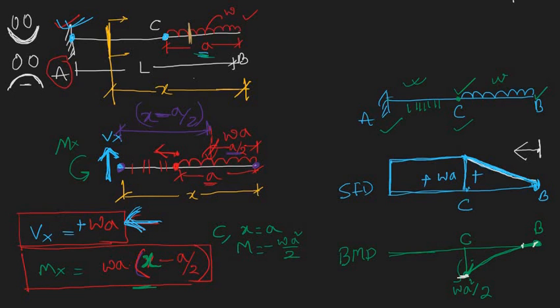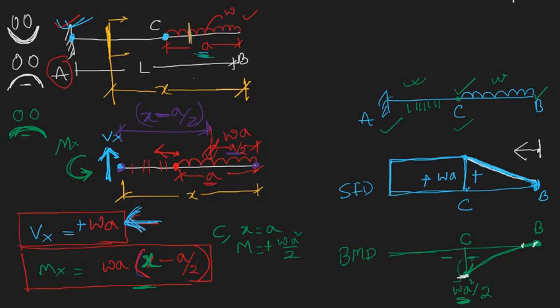So the value is matching. Our assumption is also matching, which means the element is bending like this, so it is negative. Both the values and the sign are matching, so there is continuity in the BMD also.